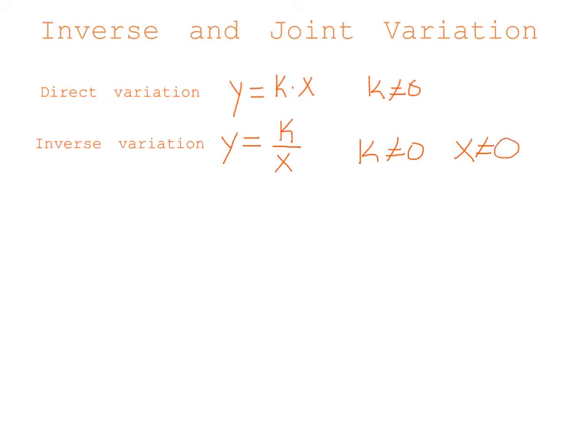And then joint variation is going to be the exact same thing as direct variation, but with more than one variable. So if I said y varies jointly with x and w and z, or whatever, it's all multiplied together. So jointly just means more than one.